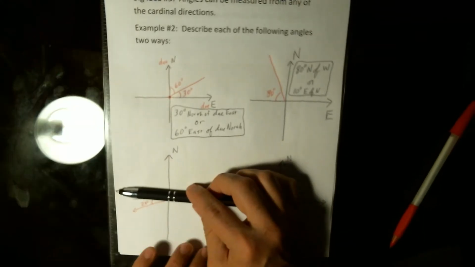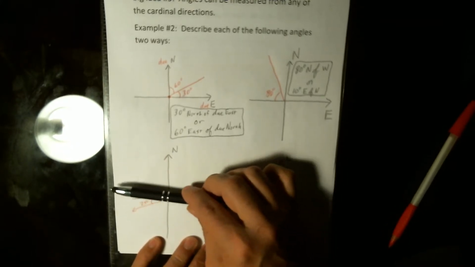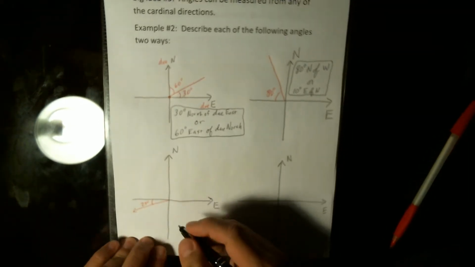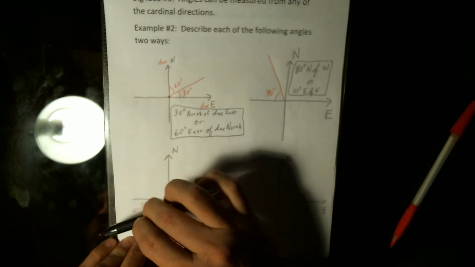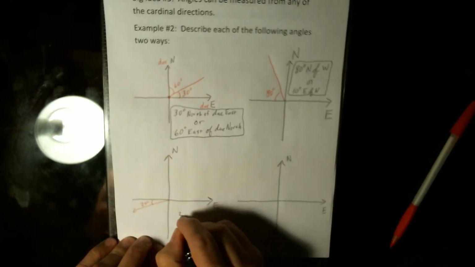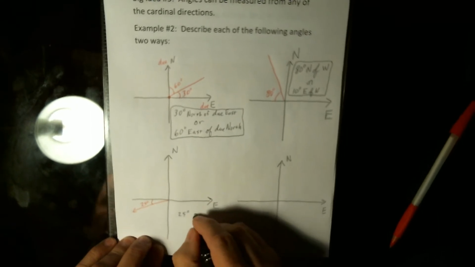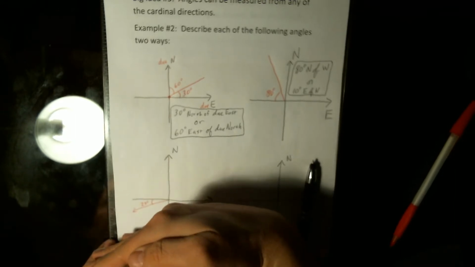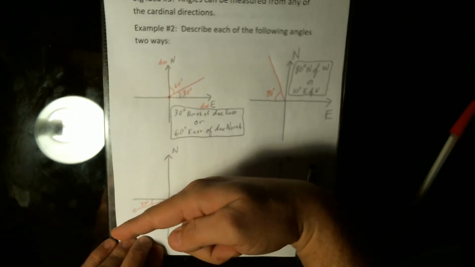So this is due west here, and I'm coming down 25 degrees from due west. So the first thing I would say is it's 25 degrees in the south direction from due west. So 25 degrees south of due west. South of west, because this is west and I'm going south from it. You guys see this is west and I'm going south from it by 25 degrees. So it's 25 degrees south of west.